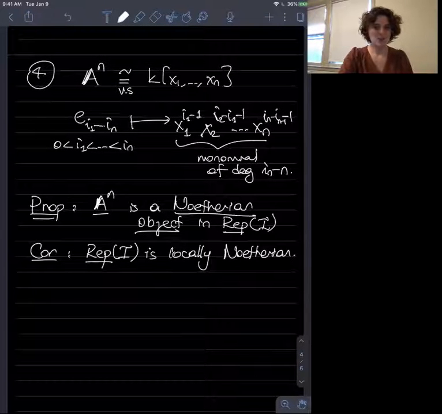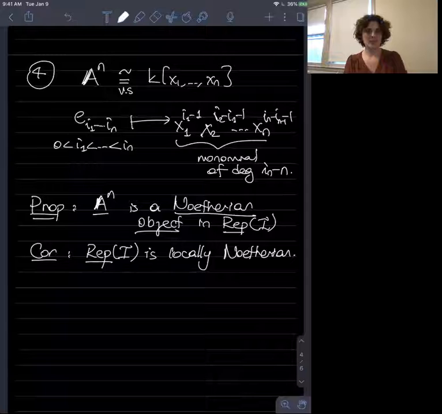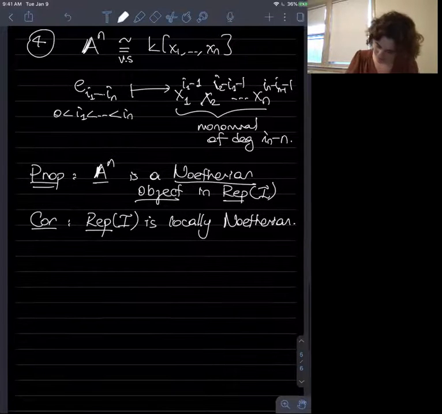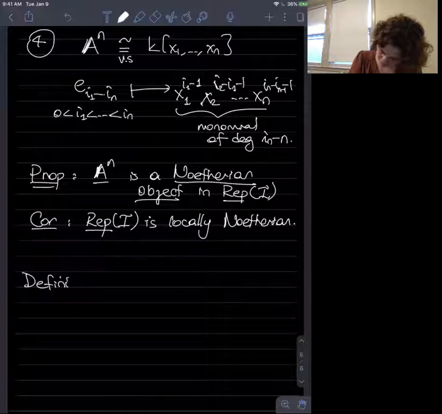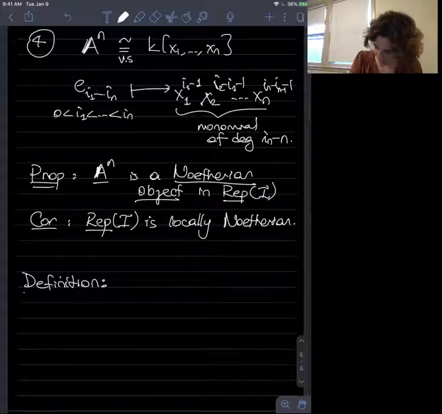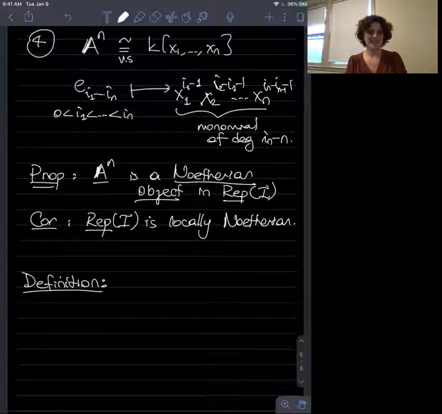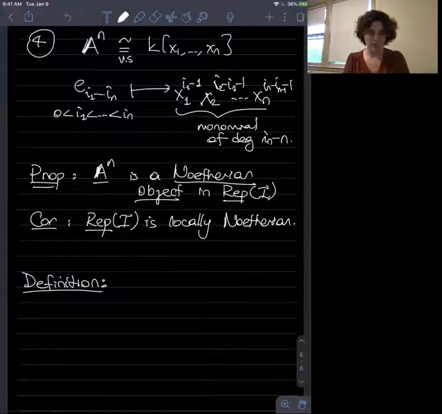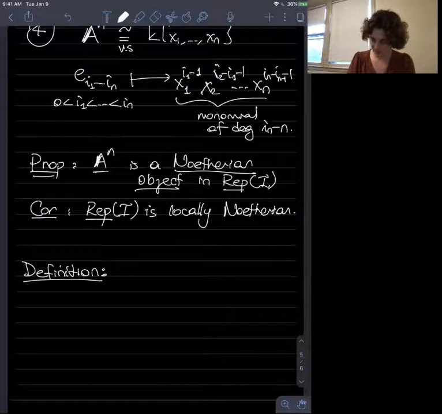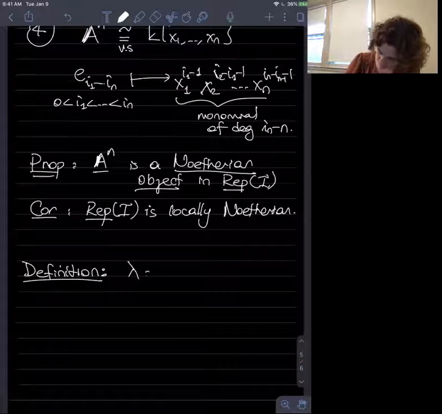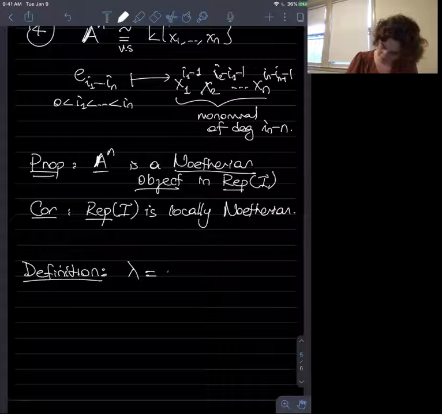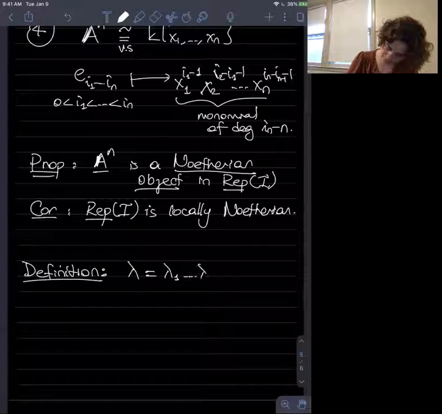Okay, so last 2 minutes. Let me just introduce the standard modules, which is the third one, and then I can at least state their importance in the representation theory of this category. We first fix a word like this.